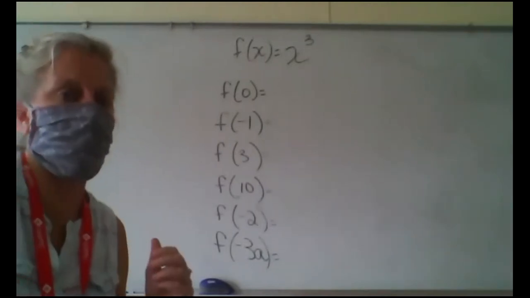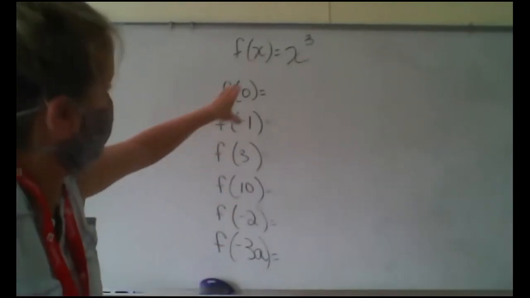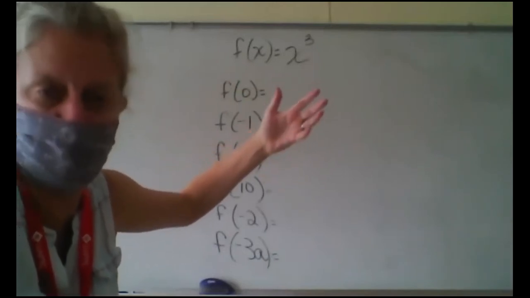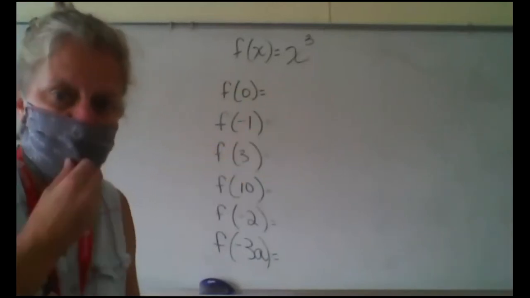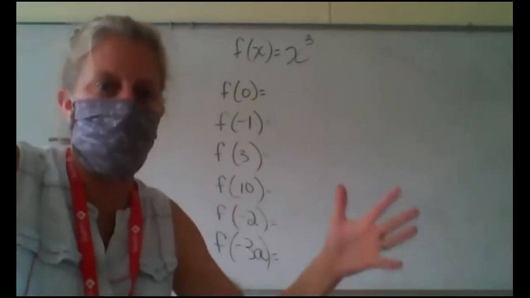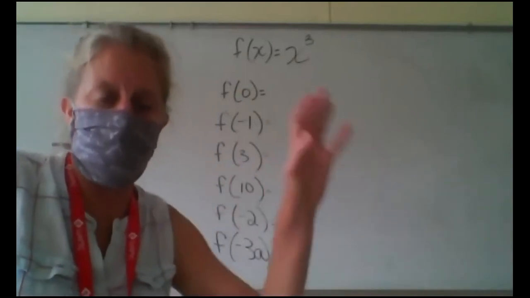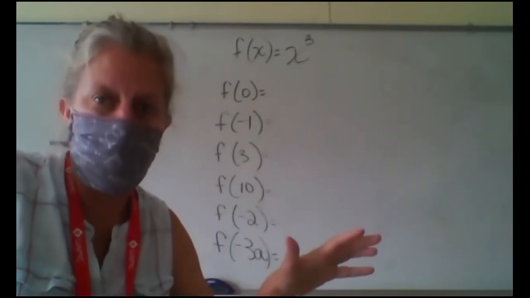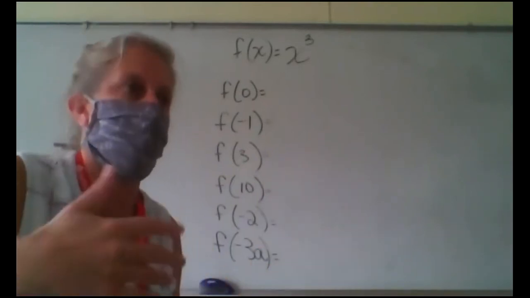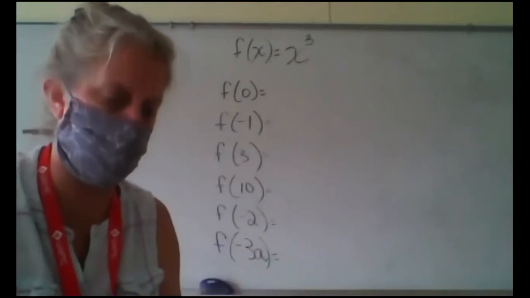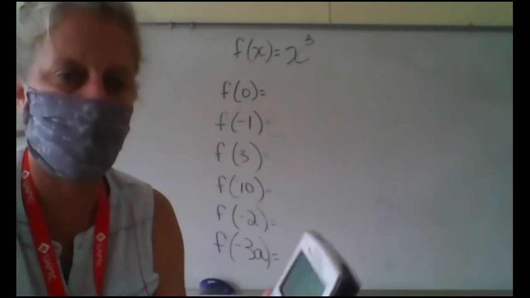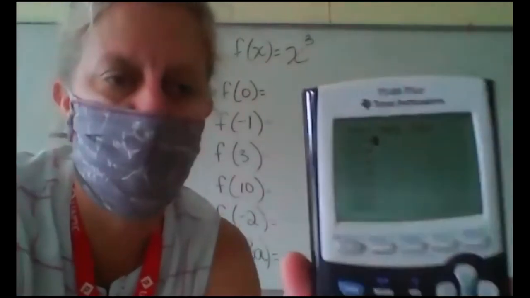Now I can go through, and this one's actually not too bad. I can replace the x with all those numbers and then just raise whatever that number is to the third power. But say you had a more drawn out function and you had to replace that x and square it and subtract 7 or do a bunch of things to it. Look what you can also do. Go to your y equals and clear it out.